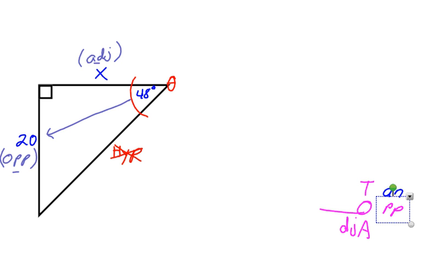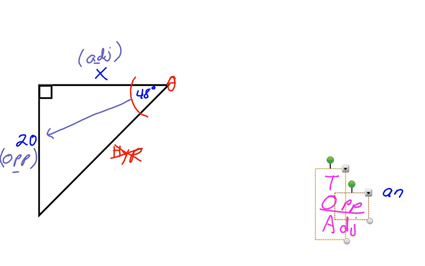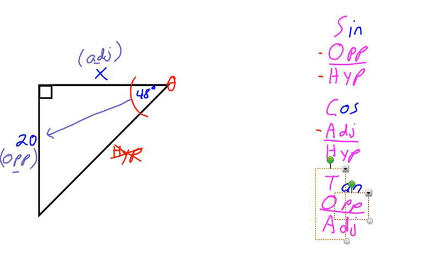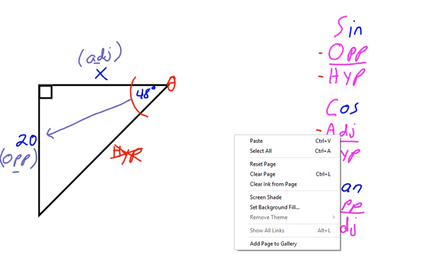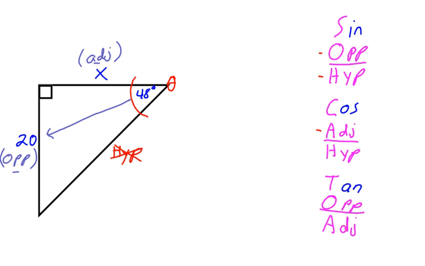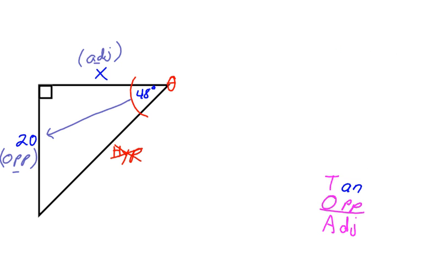I thought I could slide those over pretty easily, but it's not really working well for me. Okay, so let's try this again. I'm going to erase these top two functions.